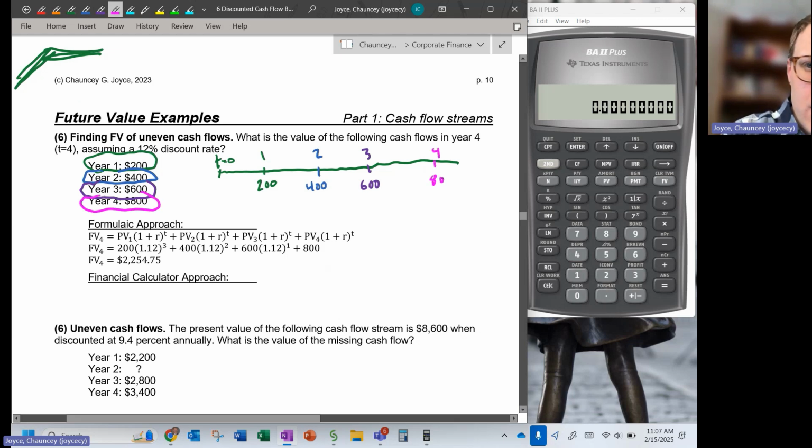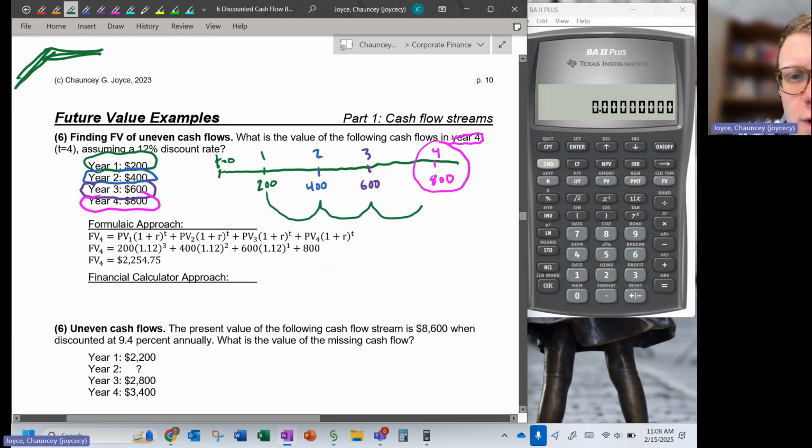As you do practice, you may not need to write all these out, but for now we will. What is the value of the following cash flows in year 4, or 4 years from today? So that's the question. Notice this first one at time 4, that one's already given at time 4. The first cash flow we get in 1 year gets to compound once, twice, 3 times.